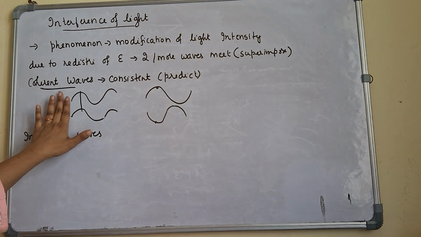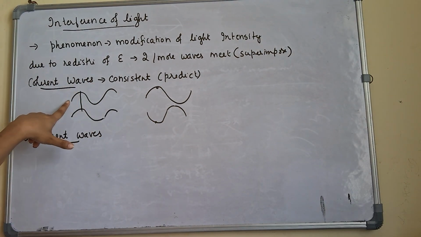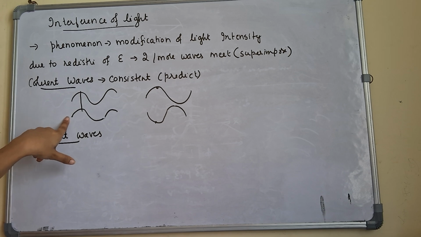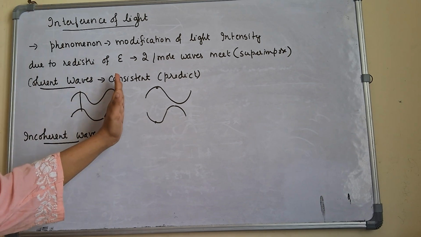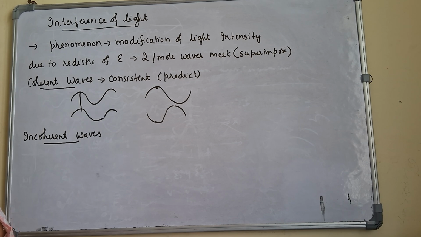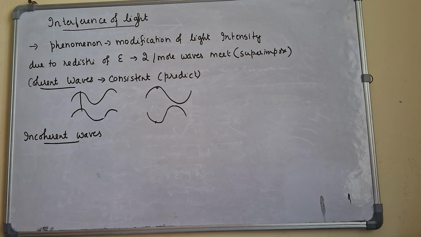Now if this wave is propagating, let us say this is time 0 and this is time 0 here. Both the waves have started. At any time after 10 seconds, I can exactly predict whether the crest will be on top of crest or trough will be on top of crest, or it will be somewhere in between. And I can even predict whether crest will be on top of crest always or trough will be on top of crest always.